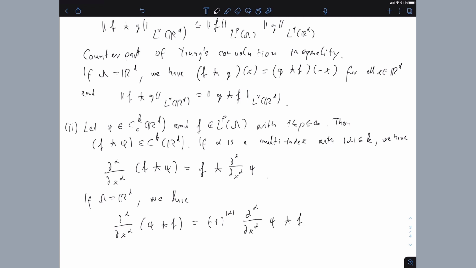So again, we just have to differentiate the kernel and correlate with the image, but we get a factor of -1 for each derivative. That's why we have the absolute value here. Iterating this -1 is the chain rule.